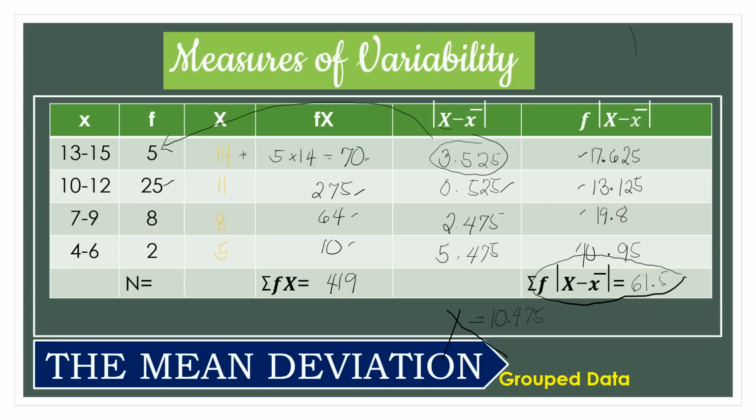Okay, so our intervals are these: 13 to 15, 10 to 12, 7 to 9, 4 to 6, and then here are the frequencies. From those frequencies, we can add them all to get the value of n. 5 plus 25 is 30, plus 8 plus 2, that is equal to 40.